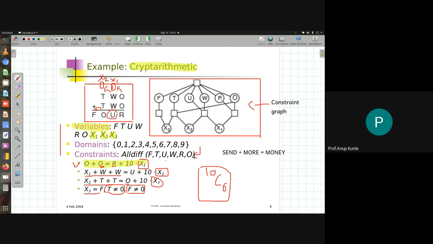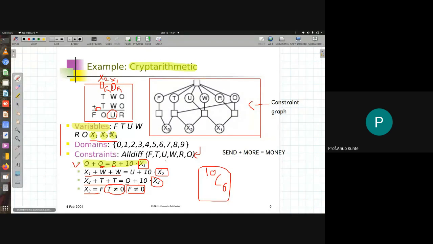So that is how we can identify the variables, the domains of those variables, and the constraints. Now, the important thing about this cryptarithmetic problem over the graph coloring problem that we saw last week is that there are certain variables which are referred to as hidden or latent variables. X1, X2, X3 here.